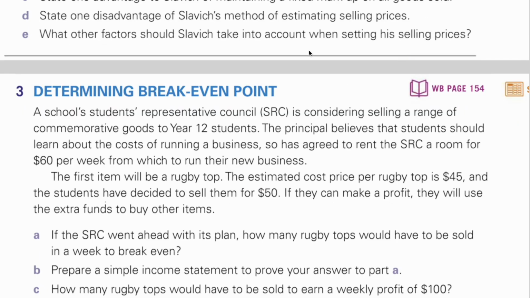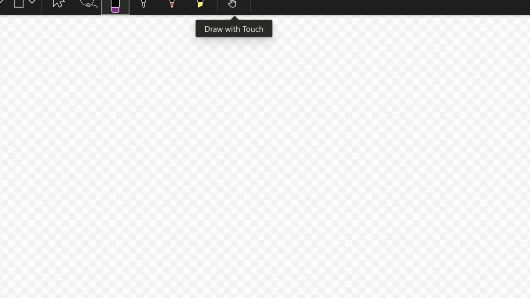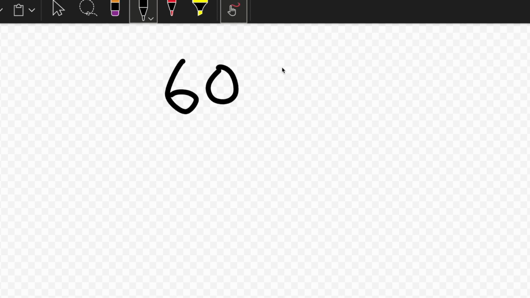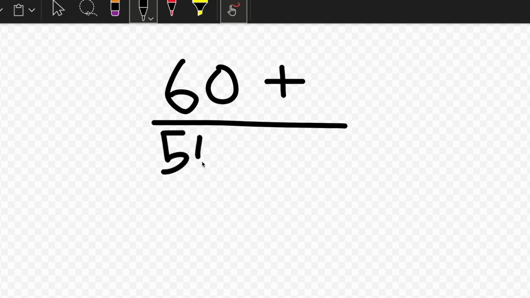So how many tops would have to be sold to earn a weekly profit of $100? So okay, let's model our equation again. So we have a fixed cost being 60, right? Now plus the profit, right? We'll leave the profit to the end, and we'll just fill in the details that we know from the previous part.